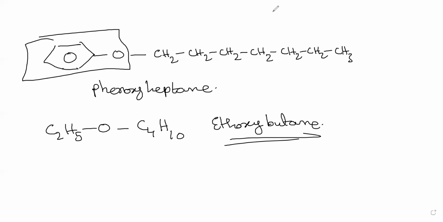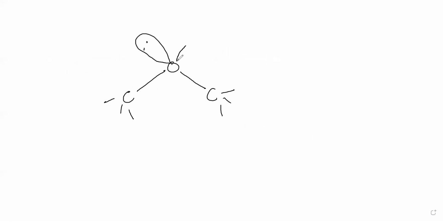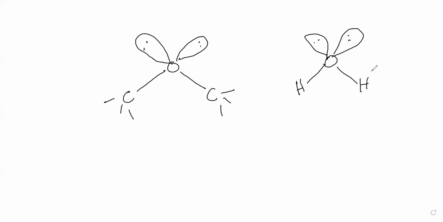Now, what is the structure of ether? The structure of ether is like this. On the oxygen there will be two lone pairs. It is like you have a water molecule. This one you have to know. Suppose I replace one H with an alkyl group R, I will get an alcohol.